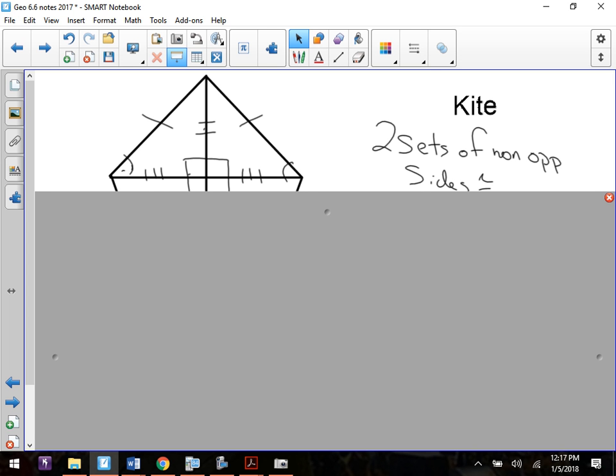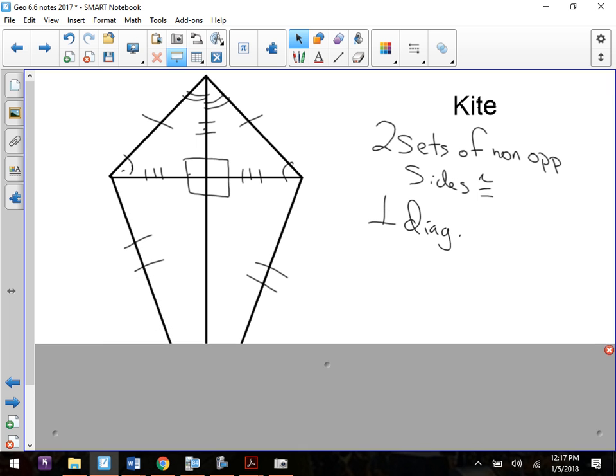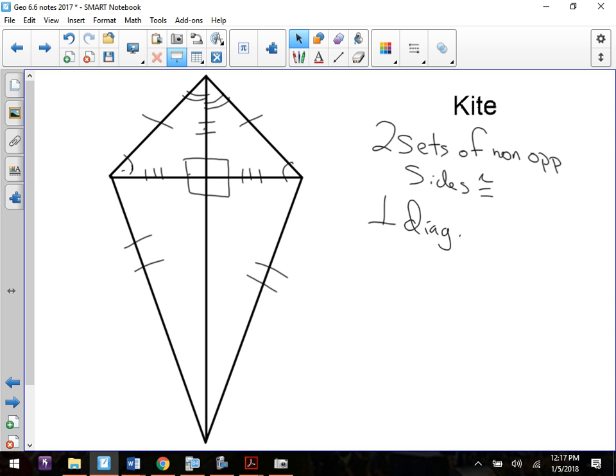And this angle up top is also bisected. And it does the exact same thing on the bottom. The angle down here is bisected. These two angles aren't congruent. So kites have a lot of stuff going on because they're just two isosceles triangles put together.